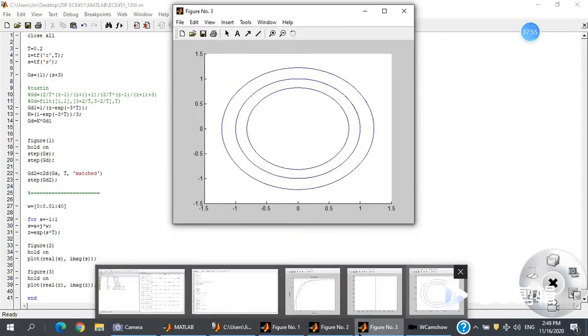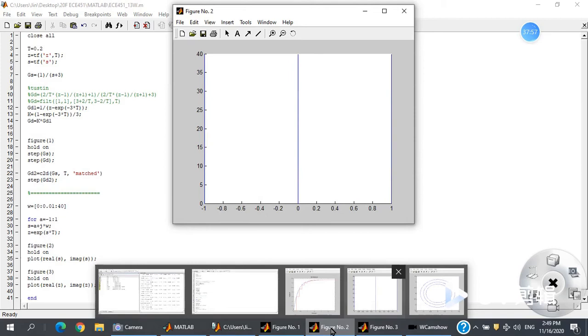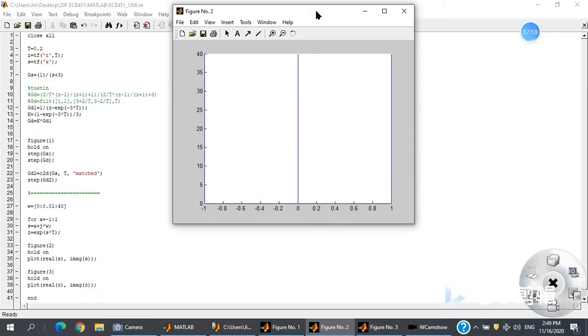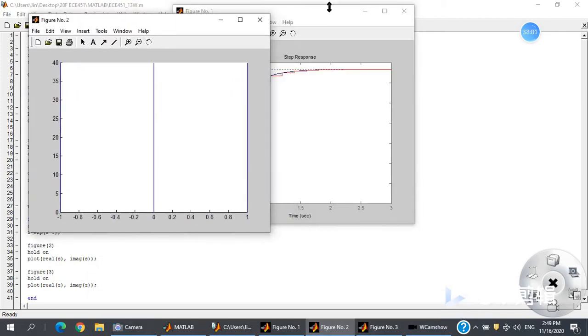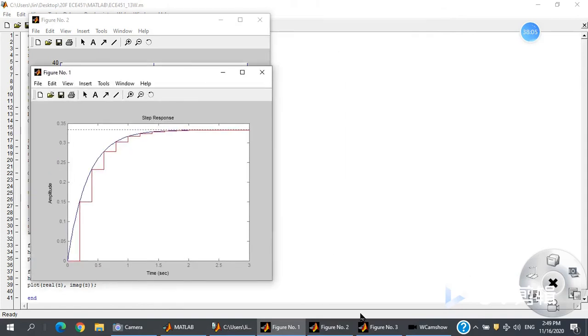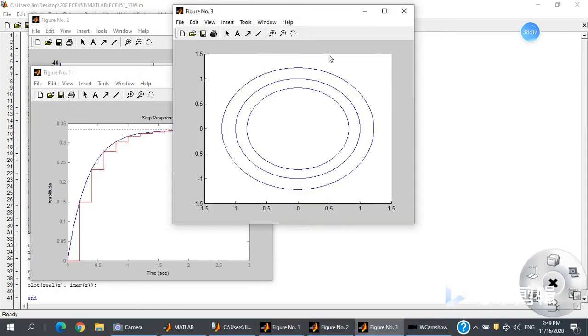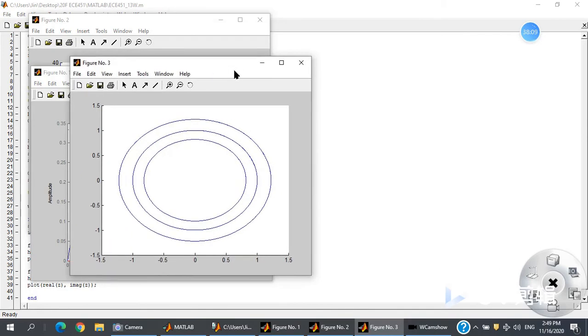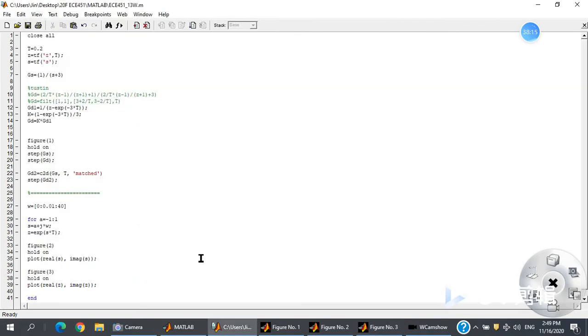Now I get it. Figure 3, figure 2, figure 1. I don't need figure 1. I need figure 3. In figure 3, I have 3 circles. One is this one. Okay, which is which? Let me just use 1. Here's negative 1 to 0.